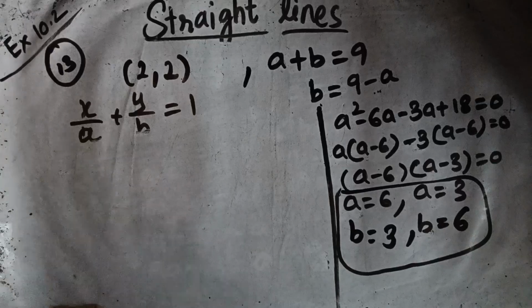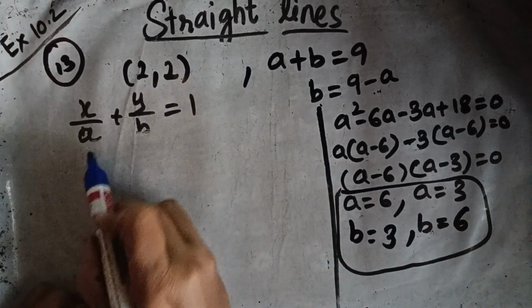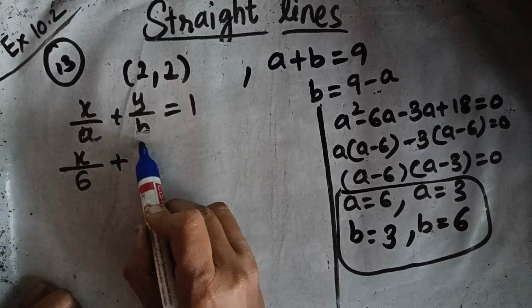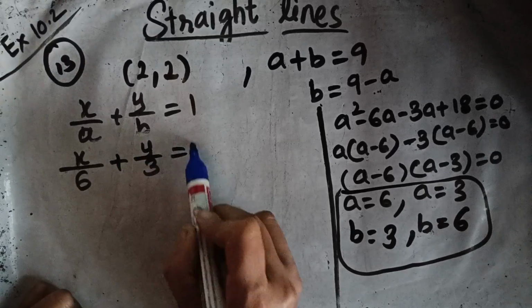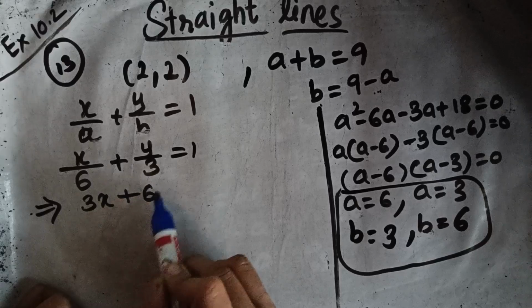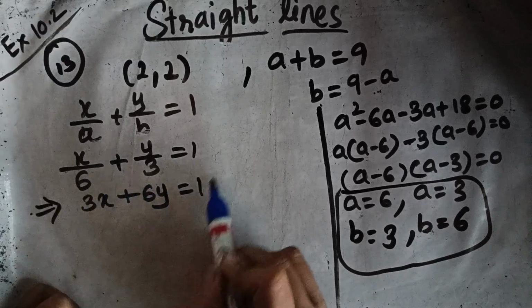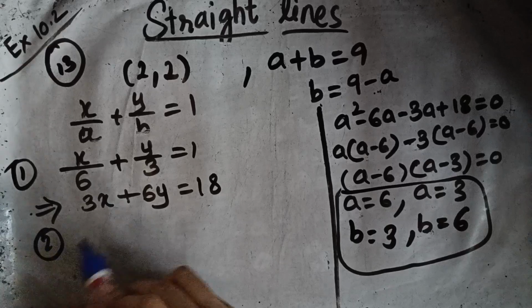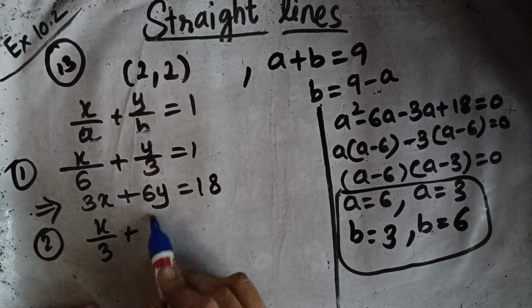Intercept form, you have to put values of a and b. So x upon 6 plus y upon 3. So this comes to x plus 2y equal to 6. Okay. Second one, x by 3 plus y by 6.